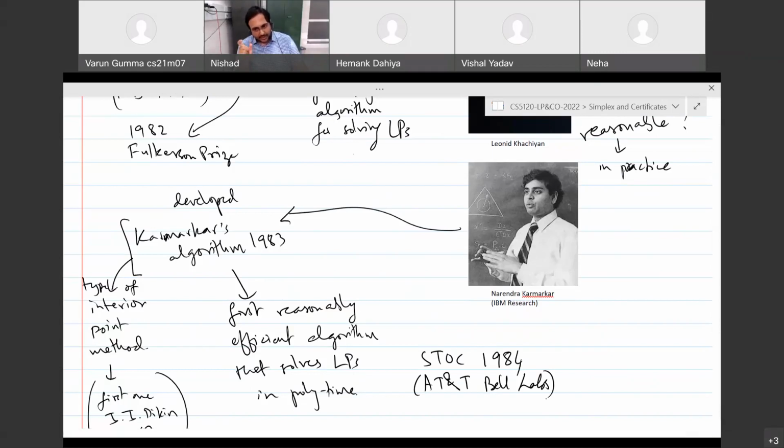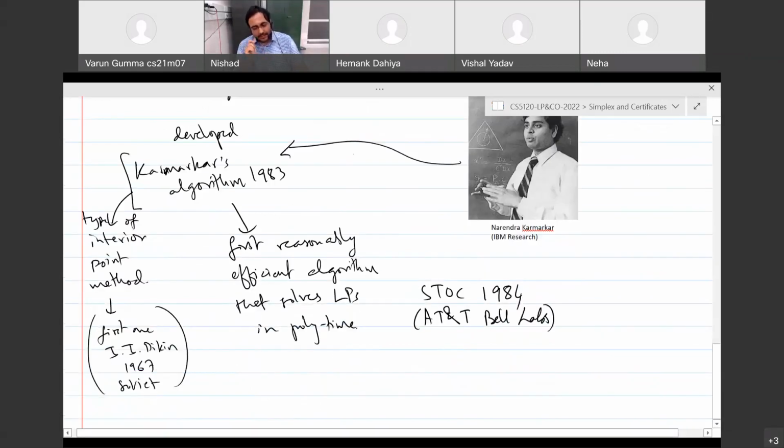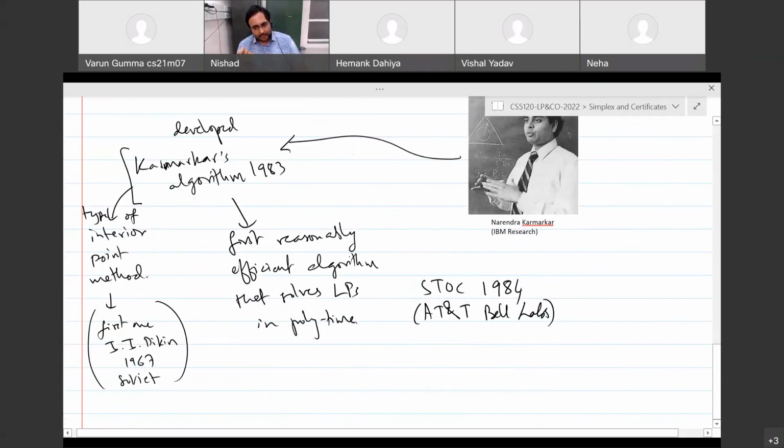But it is worth noting that he actually developed it and gave talks about it already when he was at IBM Research, right? So AT&T Bell Labs started using his algorithm and realized the monetary potential in his algorithm, because it was polynomial time. At the same time, it was somewhat efficient in practice.